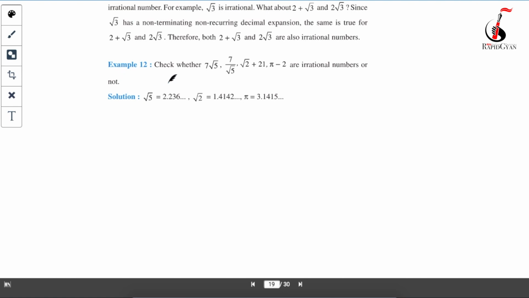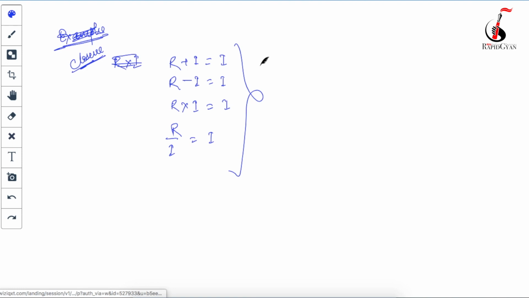If you look into this example, this is 7 root 5. 7 root 5 is nothing but 7 times root 5, where 7 is your rational number and under root 5 is your irrational number. Rational multiplied by irrational will give an irrational number, so this 7 root 5 is irrational. Similarly, 7 upon root 5 is rational divided by irrational, which will give an irrational number.